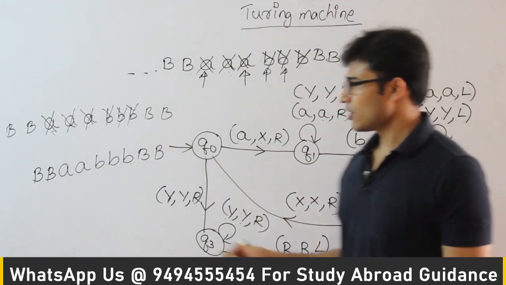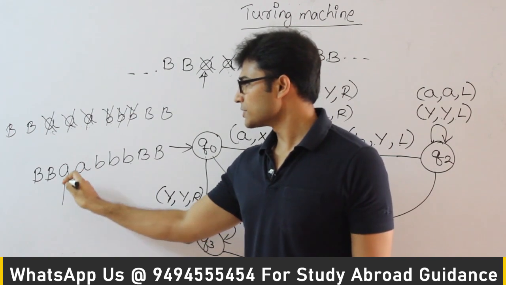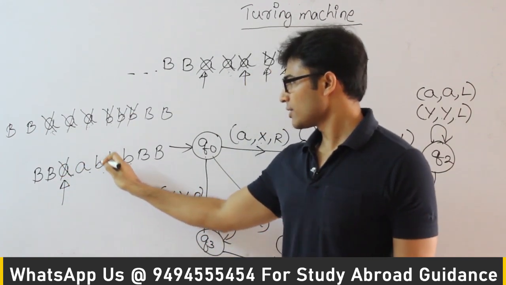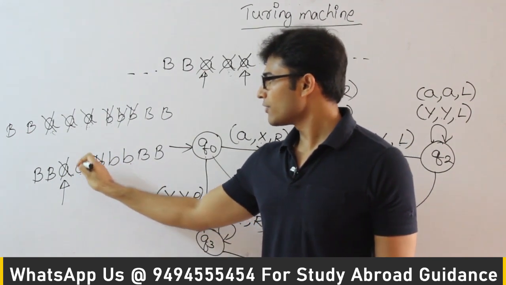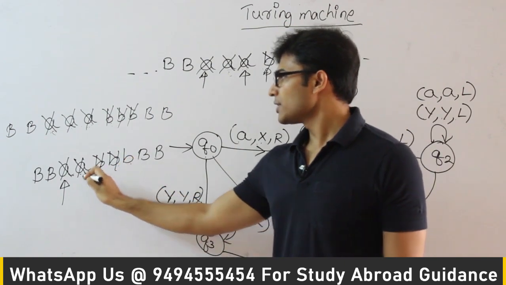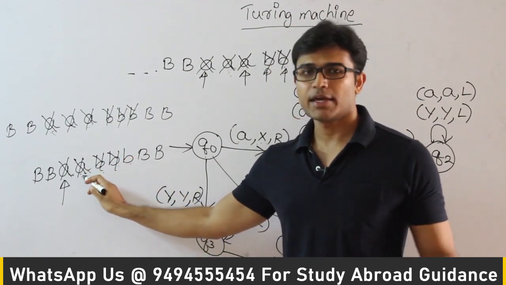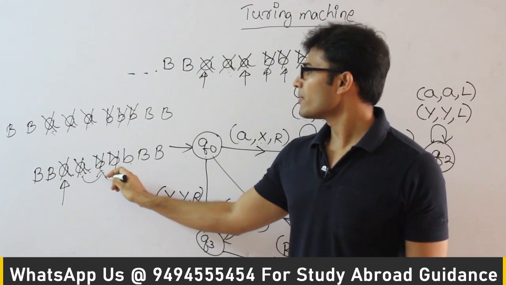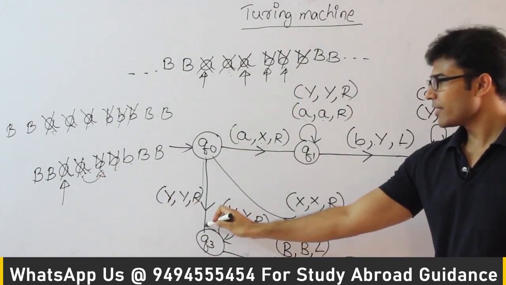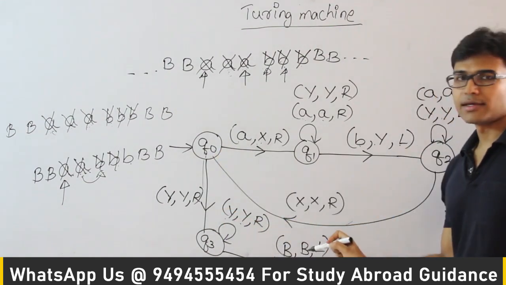Then how is our Turing machine going to answer this? It will make it X, keep moving right, make it Y, keep moving left, make it X, keep moving right, make it Y, and when it comes here, X is immediately followed by Y, which means after seeing an X, immediately it will be followed by Y. Therefore this path will be taken, right?